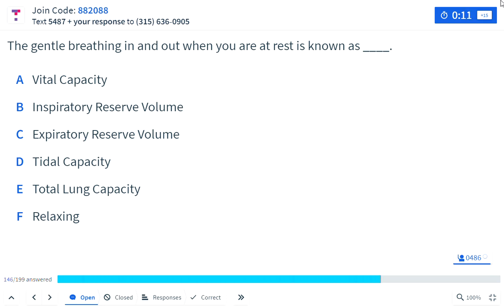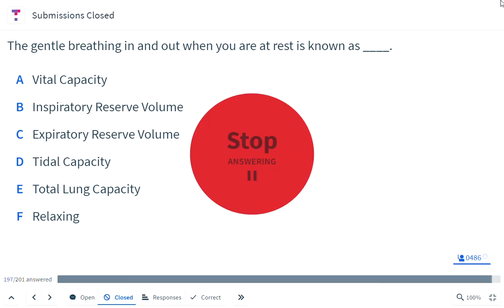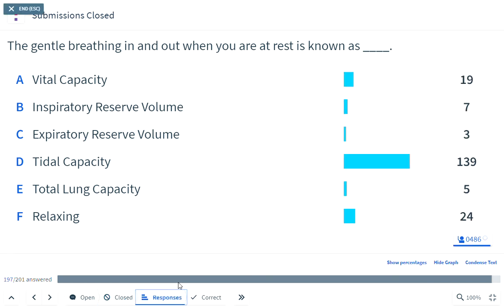If you haven't answered, make sure you get your responses in. As we look at gentle breathing in and out, or regular breathing or lazy breathing, that is known as our tidal capacity. And it looks like most of us nailed that. Good work, class. Yes, it may be relaxing, but the best answer is tidal capacity.